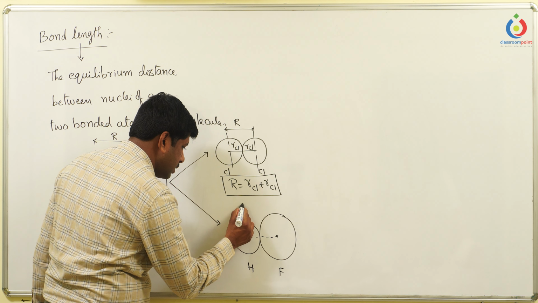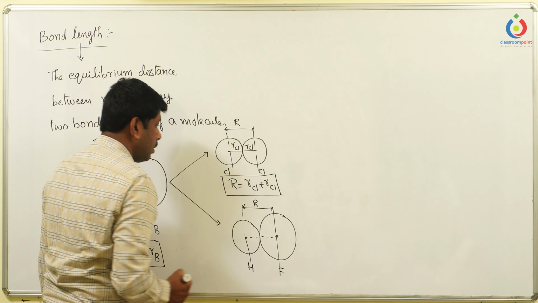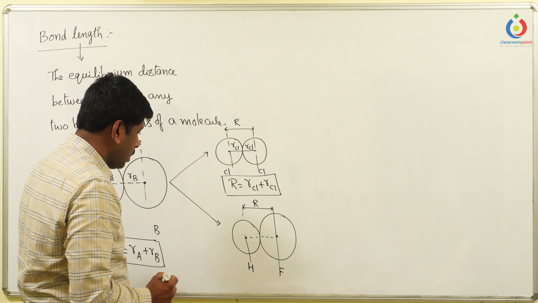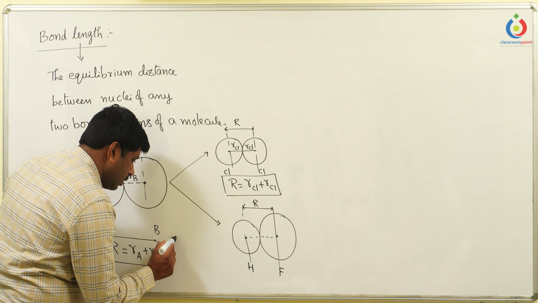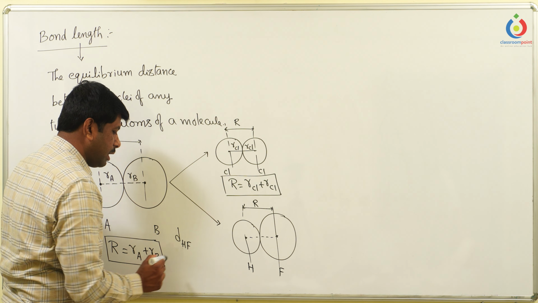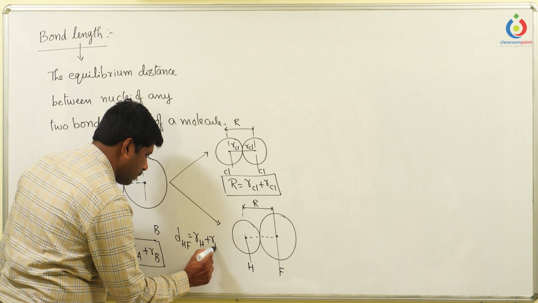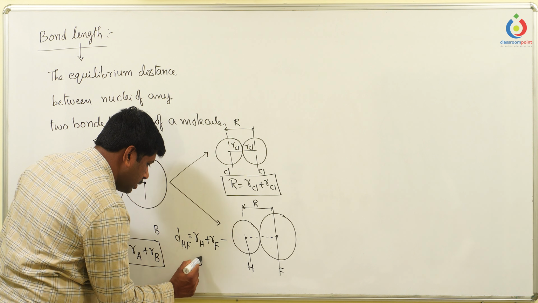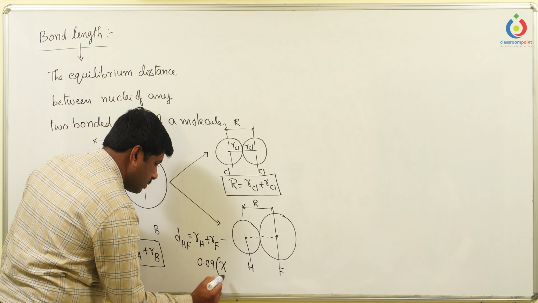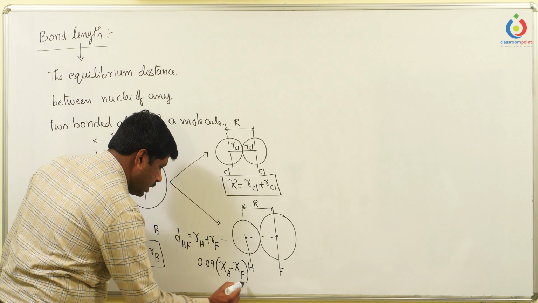This is the internuclear distance, which is capital R. So in case of heteronuclear atoms, where the electronegativity difference is more, the bond length can be calculated as: the distance between the nuclei of H and F is equal to radius of H plus radius of F minus 0.09 into (X_A minus X_B), where these are the electronegativity of hydrogen and electronegativity of fluorine.